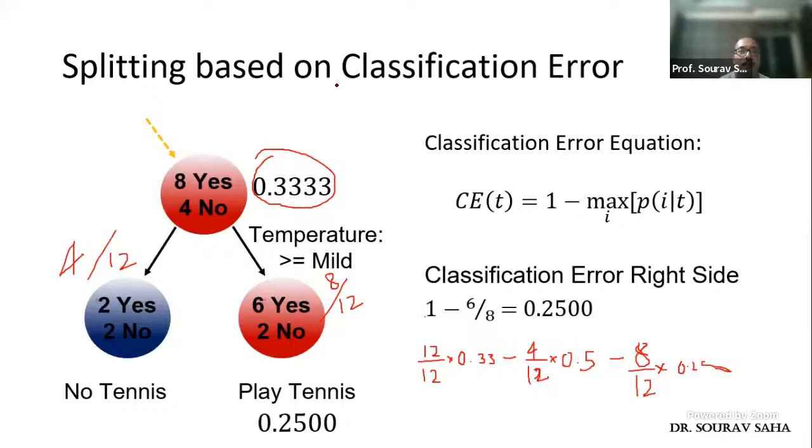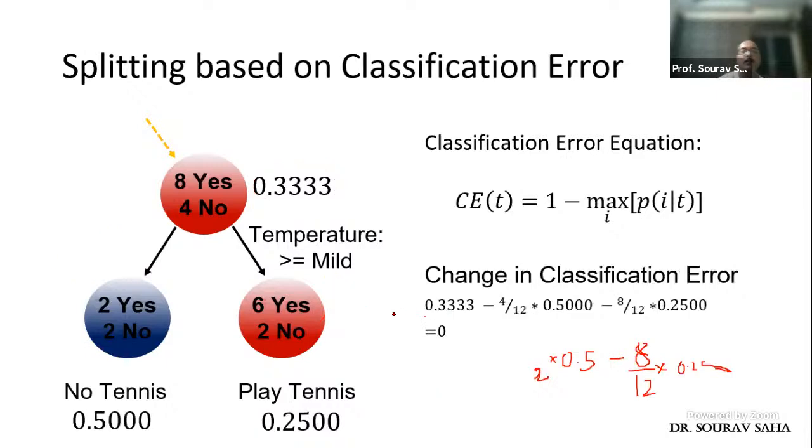Based on that, see what we are getting. What this means is that whatever was my impurity at this particular point, using this temperature variable, I have not been able to reduce the impurity any bit.